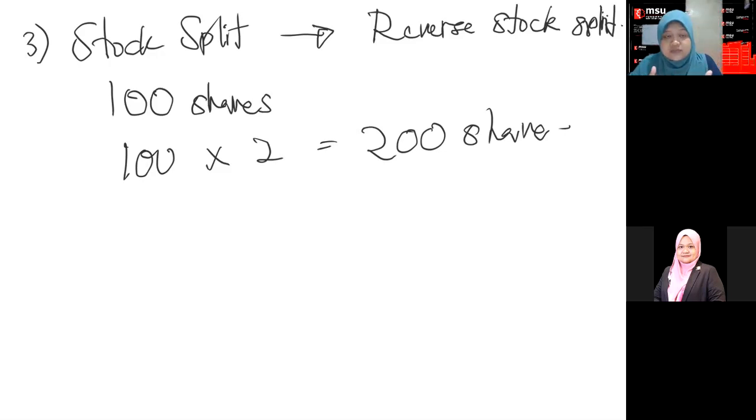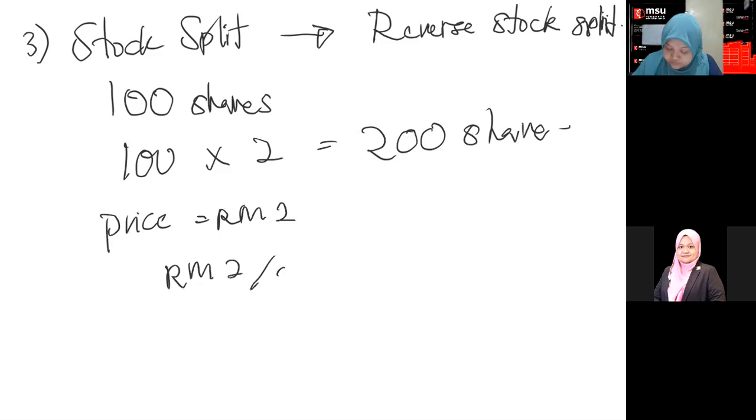Okay, before the stock split, the price is 2 ringgit. But after the stock split, the price you need to divide by 2. So actually the value of what you own is still the same. Can you see why?